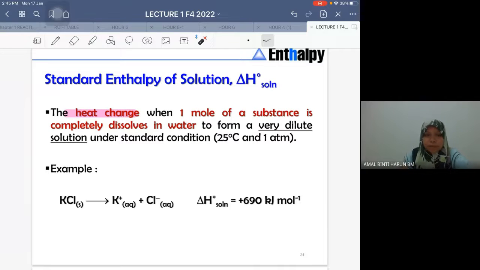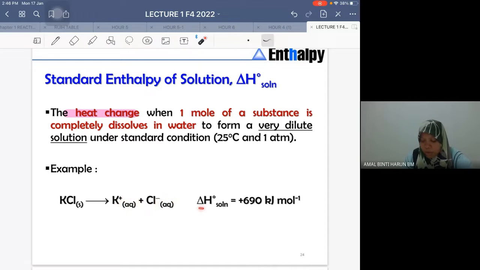Contohnya kita ada KCl. So KCl is solid. Okay, nama pun solution kan. Solution mesti masukkan di dalam air. Apabila ionic compound masuk dalam air, dia akan terpecah menjadi K+ dan Cl- ion. Bila masuk dalam air, dia automatic akan jadi aqueous.